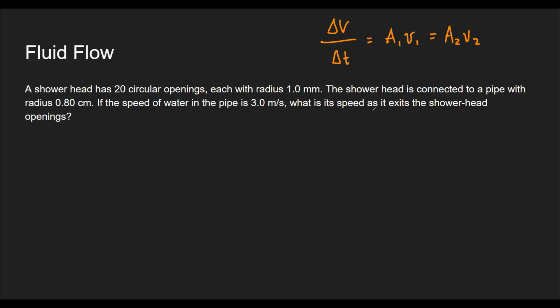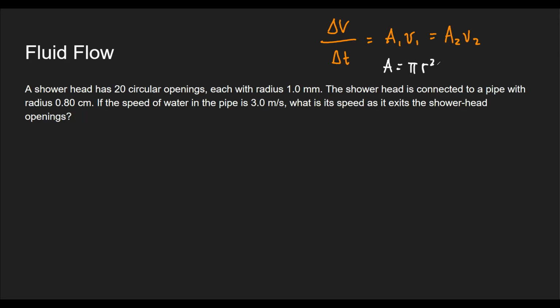Now, it says here that the shower head has 20 identical openings, and it has the same speed and area in each opening. Now, let's say that the area we're looking for is given as area equals pi r squared.